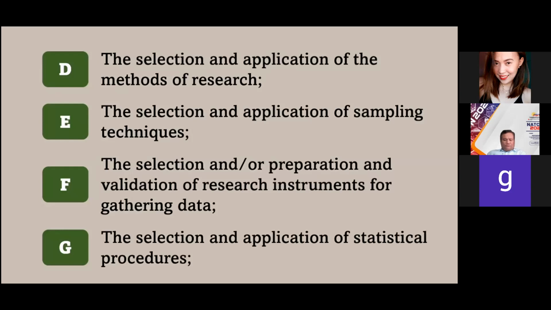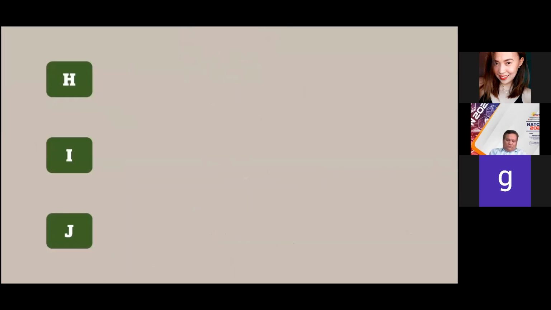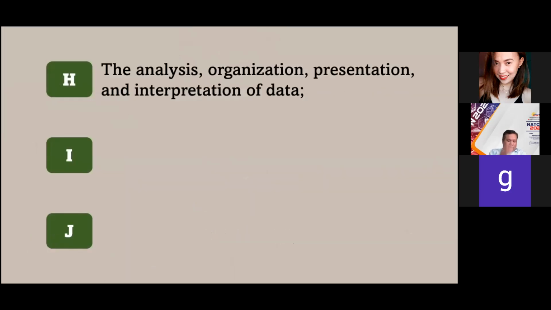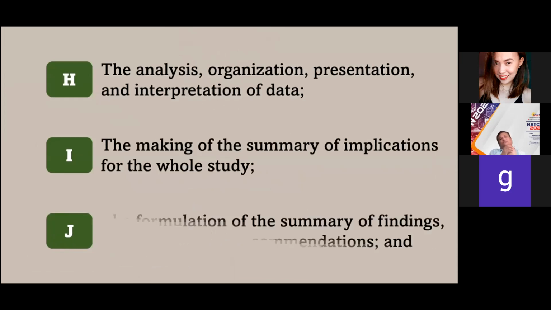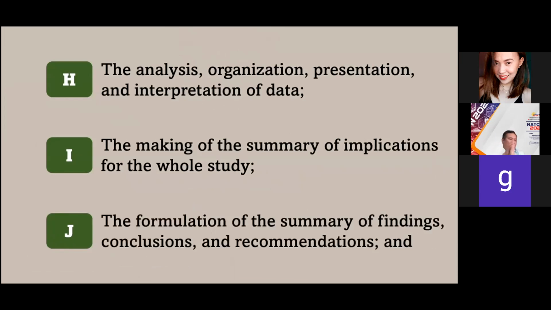G. The selection and application of statistical procedures. H. The analysis, organization, presentation, and interpretation of data. I. The making of the summary of implications for the whole study. J. The formulation of the summary of findings, conclusions, and recommendations.